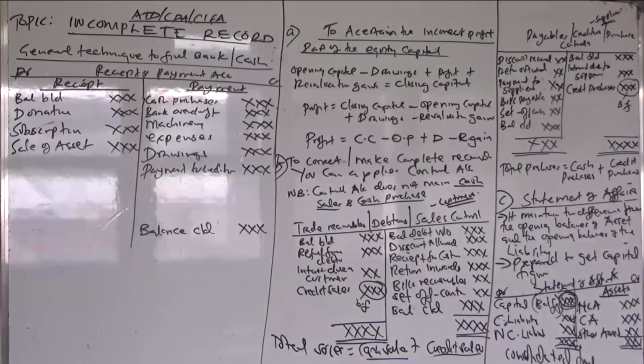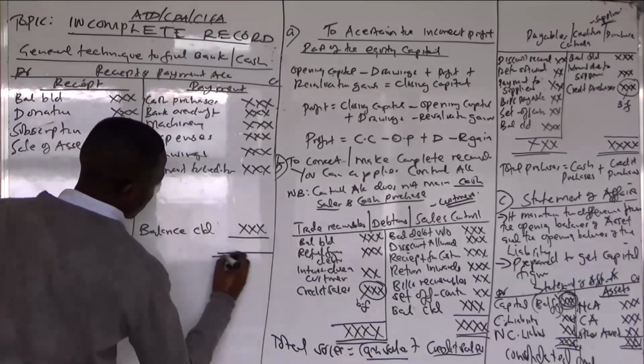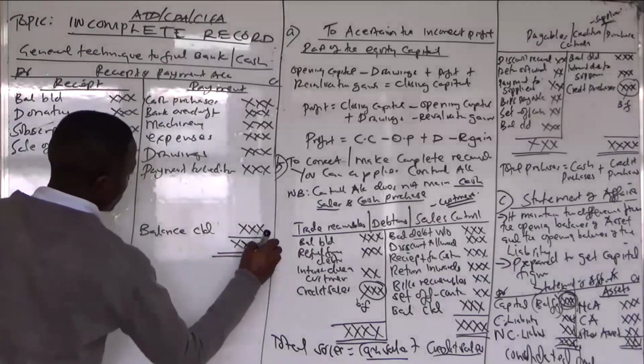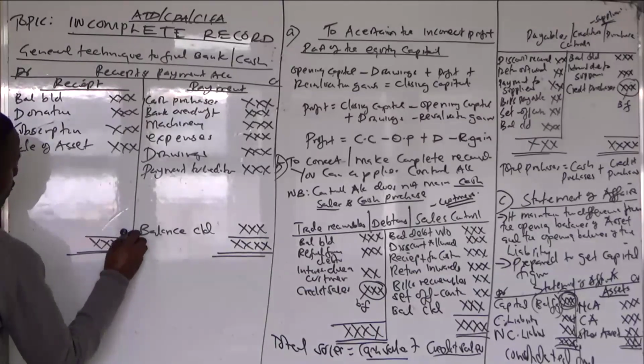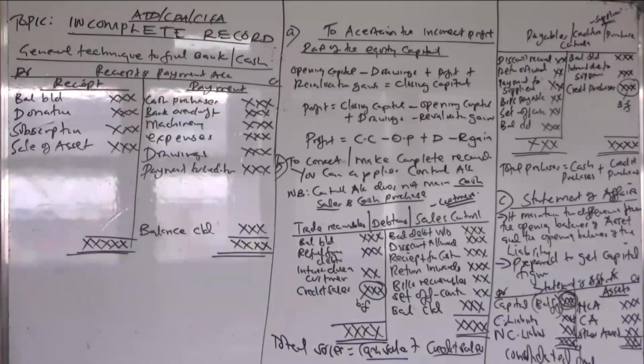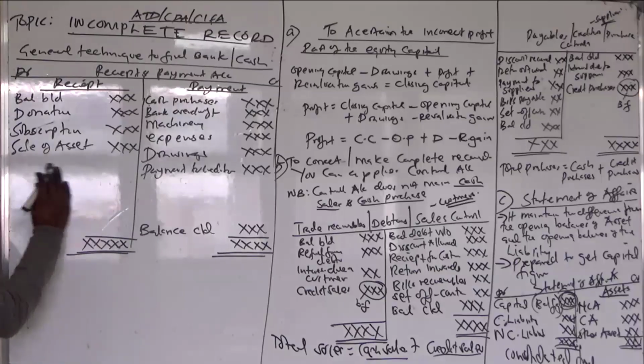Anything? Maybe closing capital or fresh capital when you sell anything. So that one could be closing. You close this one. Interest received.